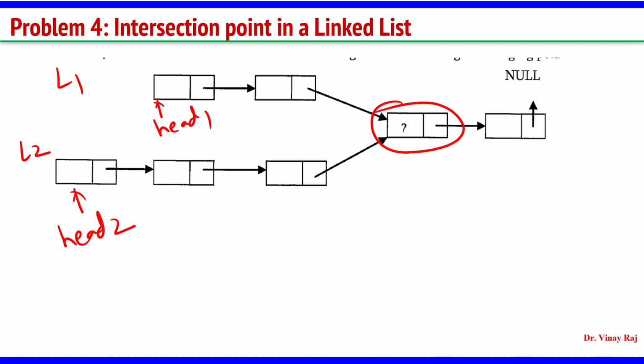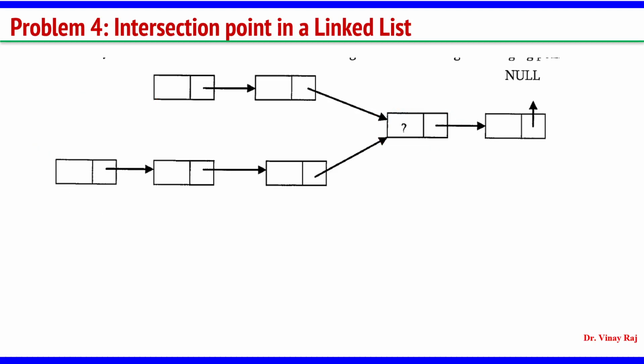See, we are given two separate linked lists L1, L2, right. So what we have to do, little tricky problem. You have two separate headers here, H1 and this is H2.